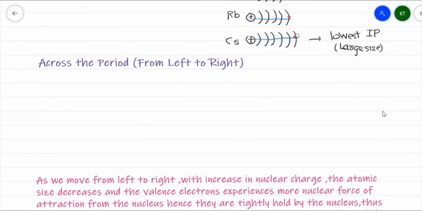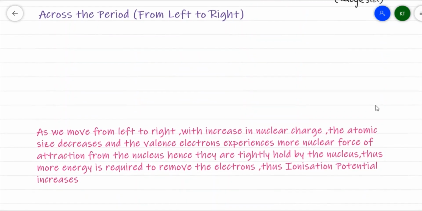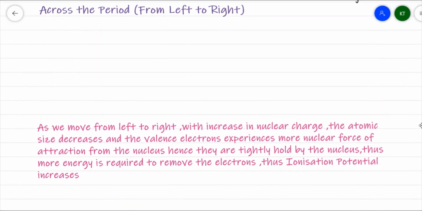Now, what happens to the ionization potential as I move from left to right in a period? Let me take the third period as an example: sodium, magnesium, aluminium, silicon, phosphorus, sulfur, and chlorine.